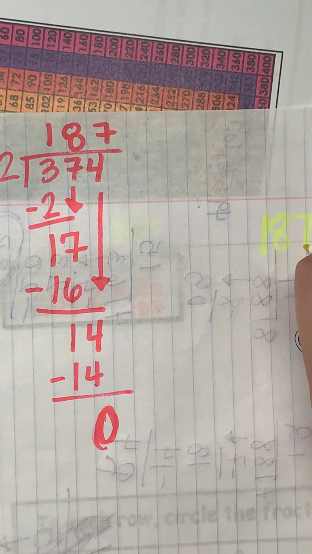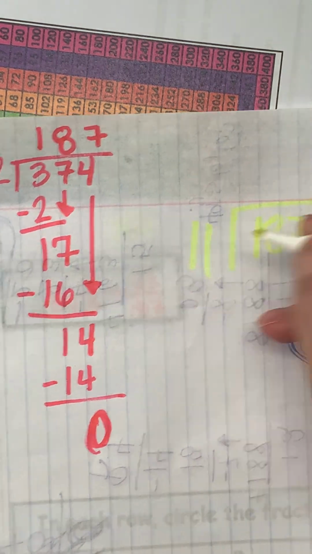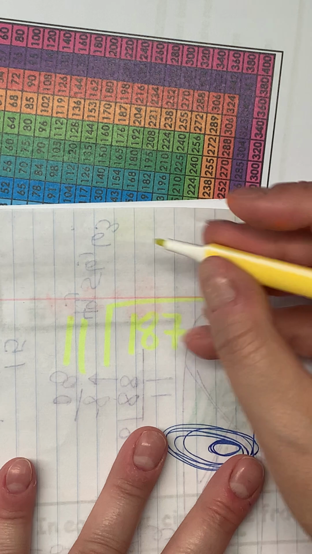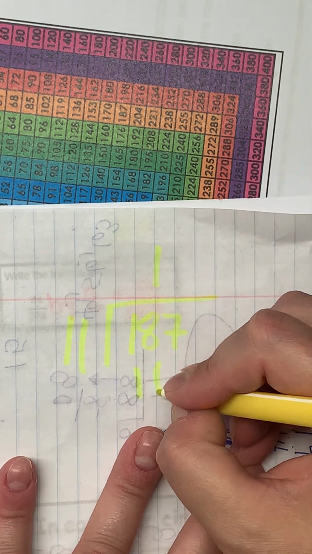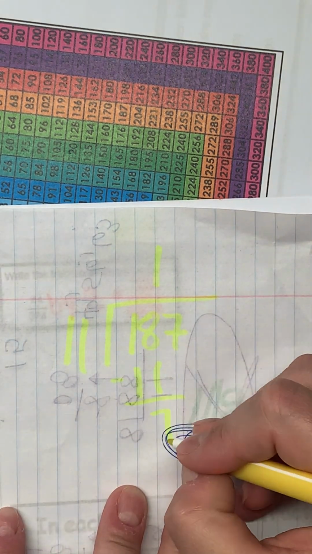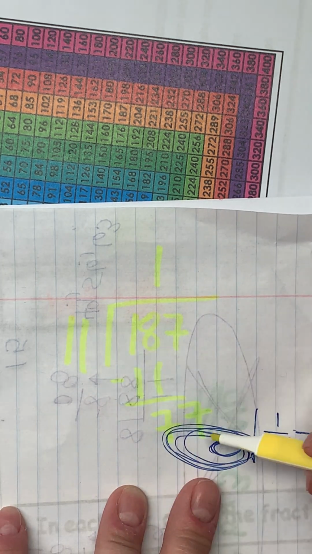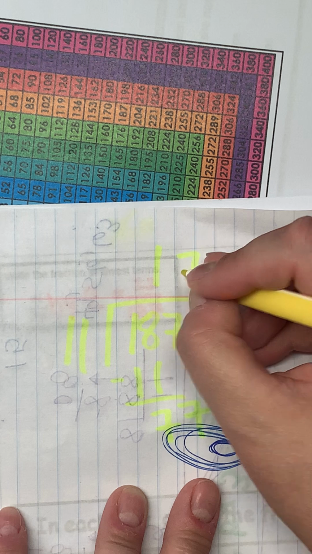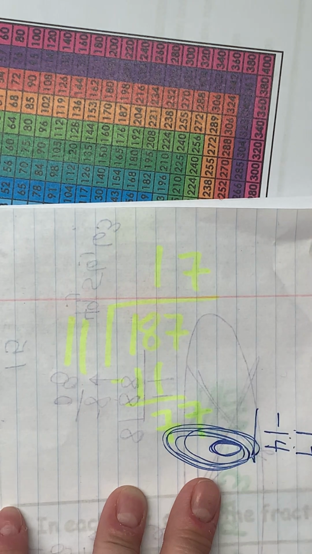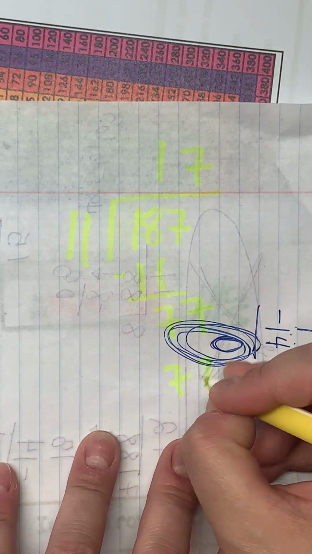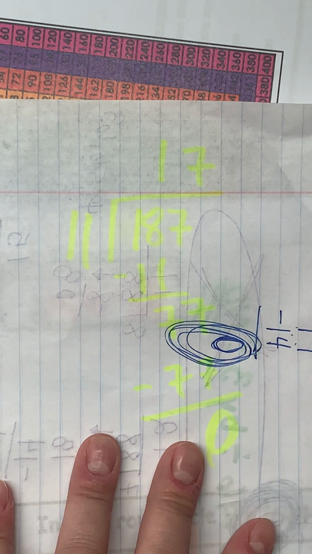So 187 divided by 11. 11 goes into 18 once to make 11. And then we subtract down and we get 77. And 11 goes into 77 7 times to get 77. And then we subtract down, we get a 0.